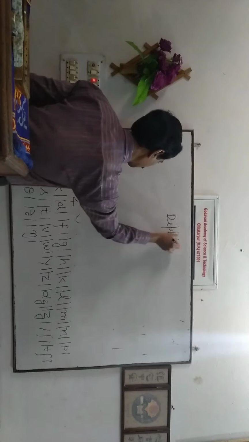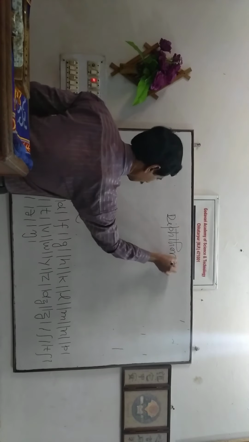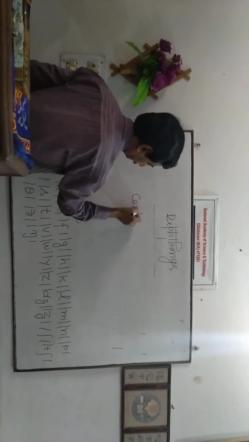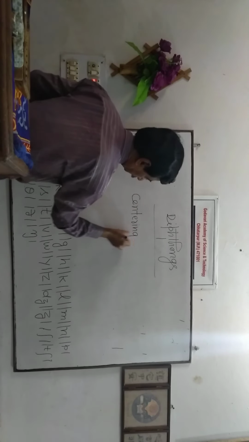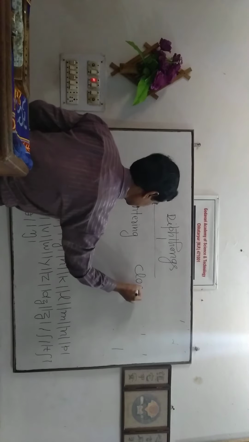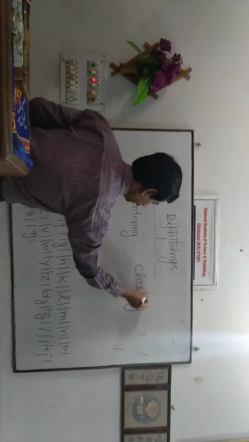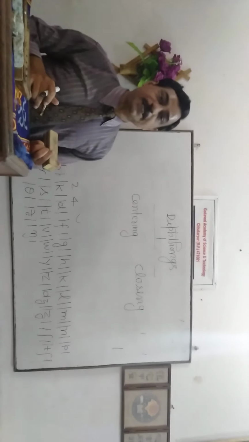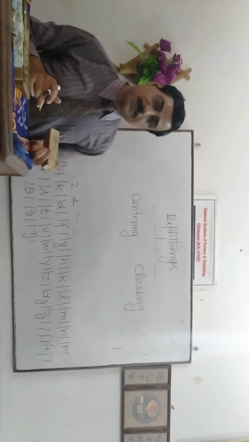Diphthongs. There are 2 types: centering and closing. Diphthongs are two vowels joined together as one, but they are counted as one.